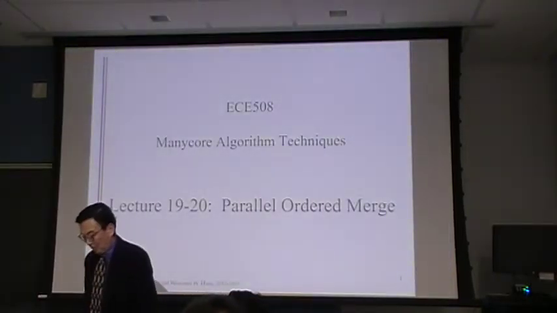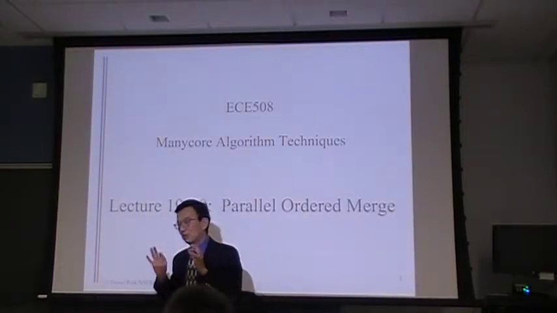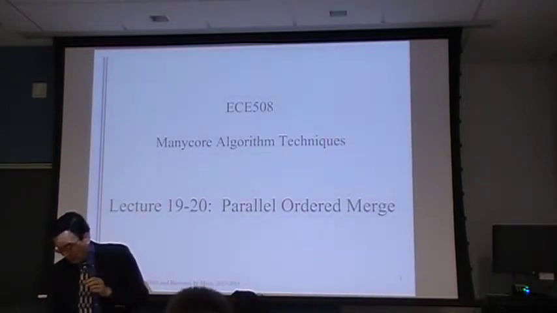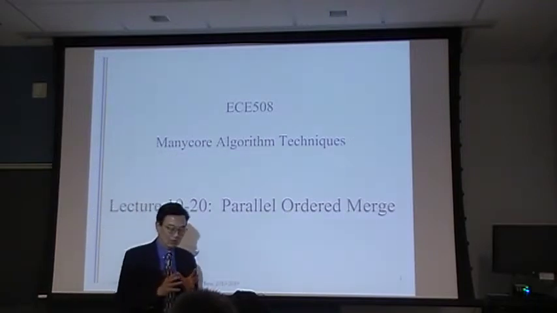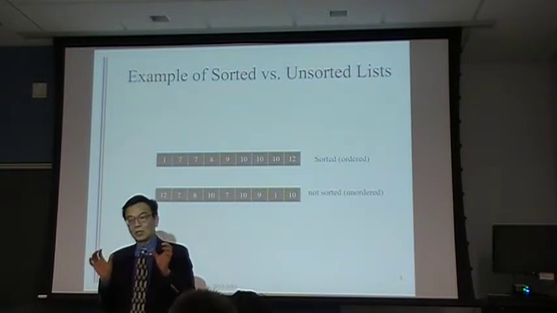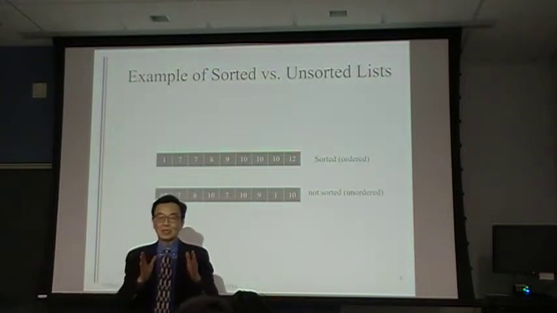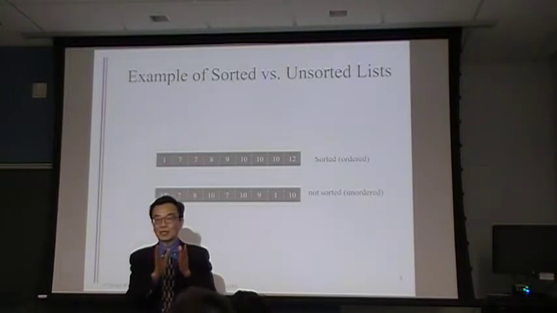Good. So before we continue, let's quickly review what we talked about last time. We talked about the basic parallel merge. The strategy was that each thread takes a section of C, which is the output, and then collects the elements that will go into that section.